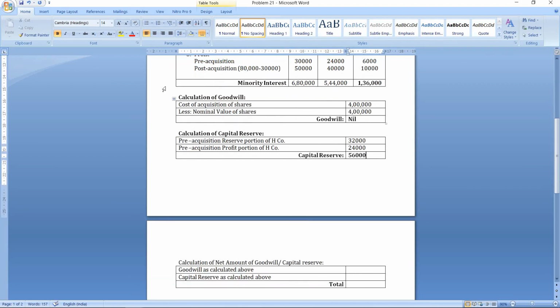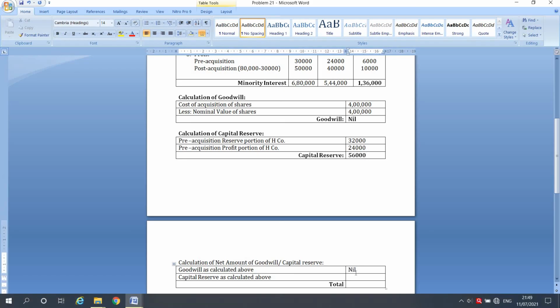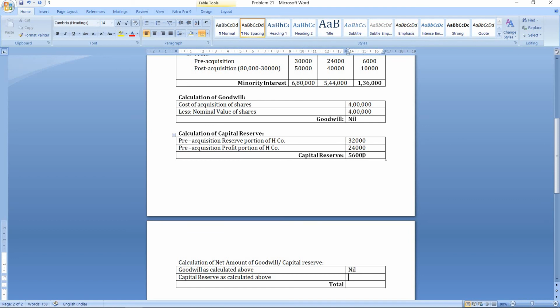Finally we have to determine whether it is goodwill or capital reserve. Goodwill as per our above calculations is nil, and capital reserve as per the above calculations is 56,000. So total is 56,000. So the capital reserve that will be shown in the balance sheet is 56,000.